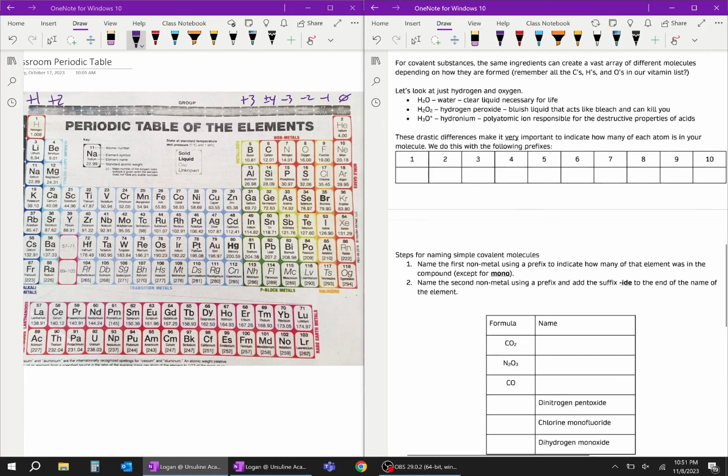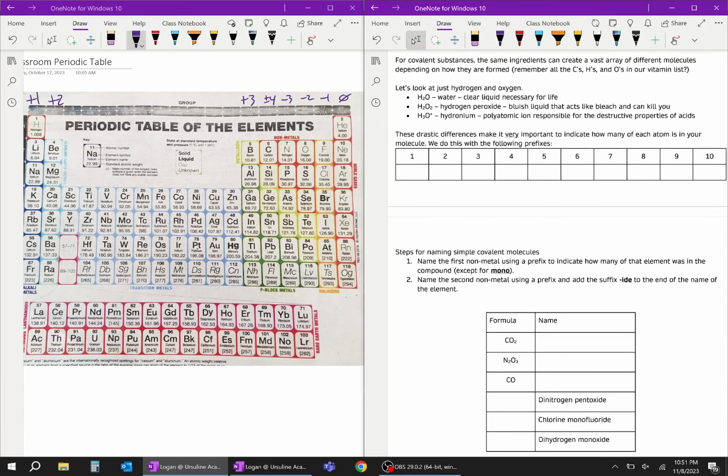We do that with prefixes. And here are all of the prefixes. The prefix for 1 is mono. The prefix for 2 is di, like carbon dioxide. The prefix for 3 is tri. The prefix for 4 is tetra. The way that I remember this one is from the game Tetris.